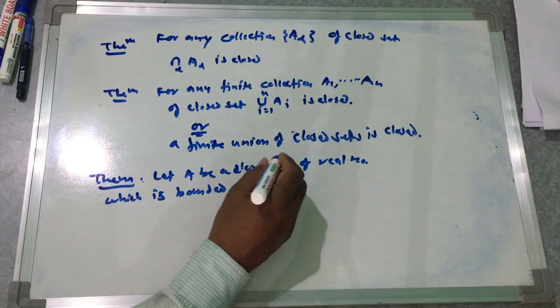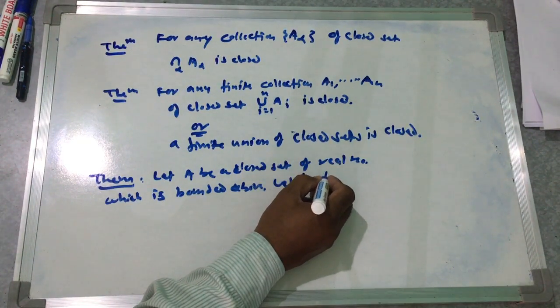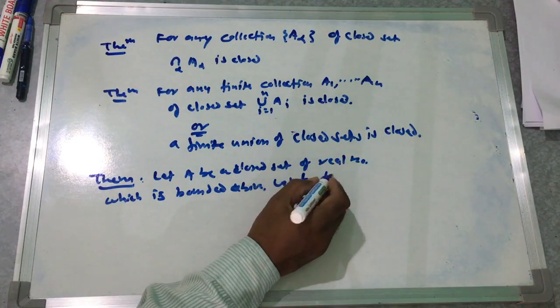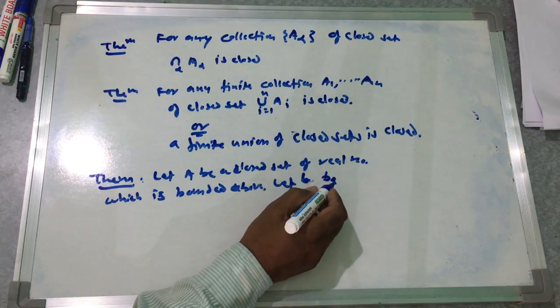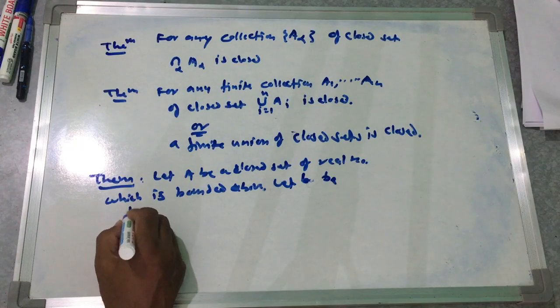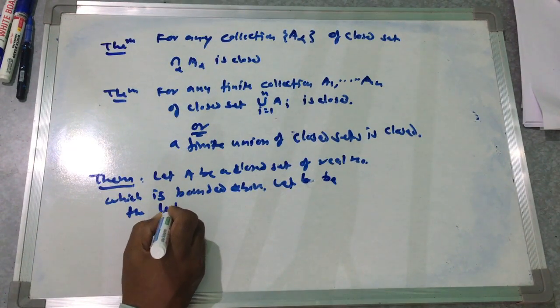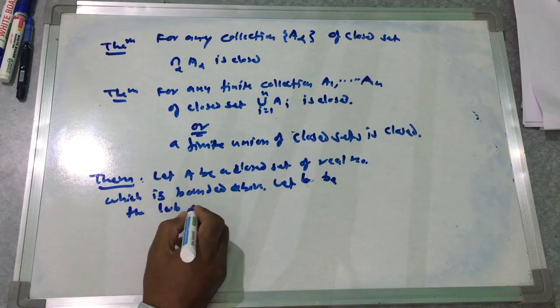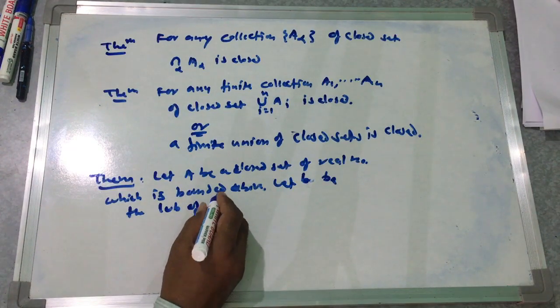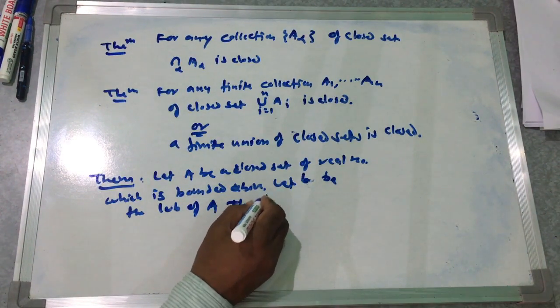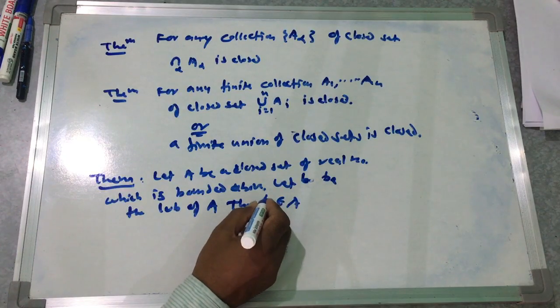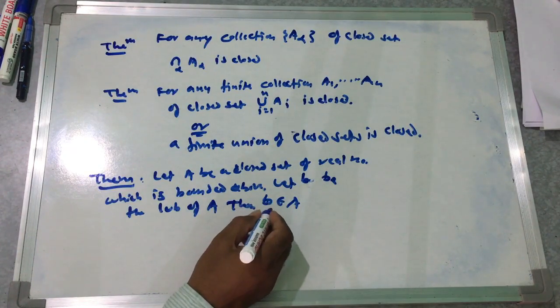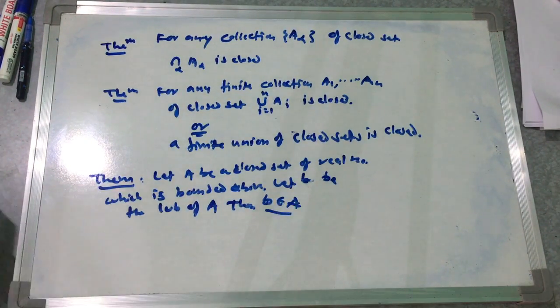Let B be the least upper bound of A, then B belongs to A. Then B belongs to A.